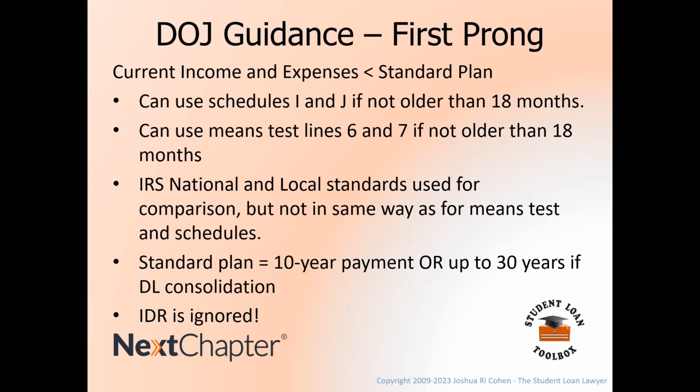And without getting too into the weeds here, direct consolidations actually have a tiered term based on the balance of the loan. If the consolidation is 60,000 or more, it's a 30-year amortization. I forget what the floor is, but there's like a 10, 15, 20, 25, and 30-year term. So depending on what your balance is, that's what the amortization is going to be.